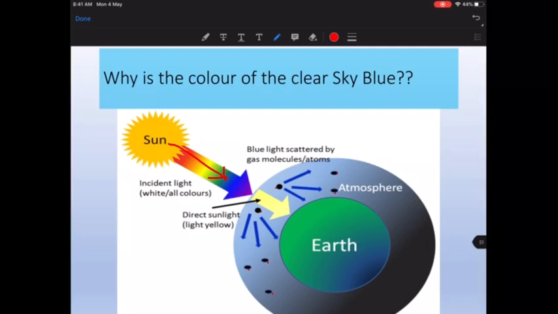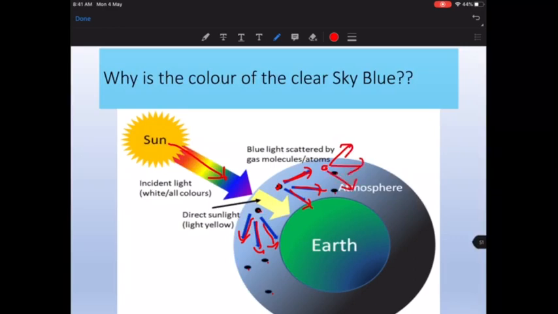So as it enters the atmosphere, these particles are going to scatter the light. Suppose the light is coming, the first molecule is going to scatter the light like this. The second molecule is going to scatter the light like this. Further, wherever this light is going, again there are molecules, so they are again going to scatter like this.